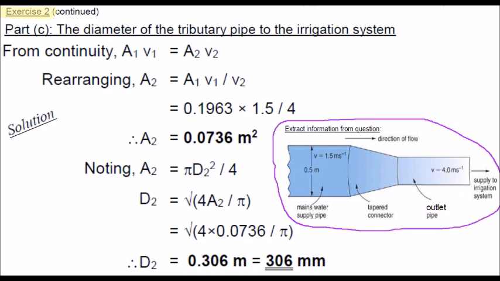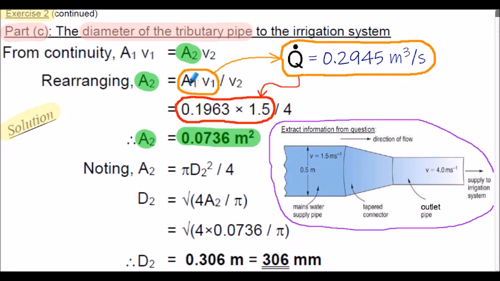Exercise 2, solution continued. Part C, we're asked to calculate the diameter of the outlet pipe. So using the continuity equation, we're first of all going to calculate the area of the outlet pipe, that's A2, it's determined here. And of course A1V1 here is actually the volumetric flow rate Q dot calculated on the previous slide.